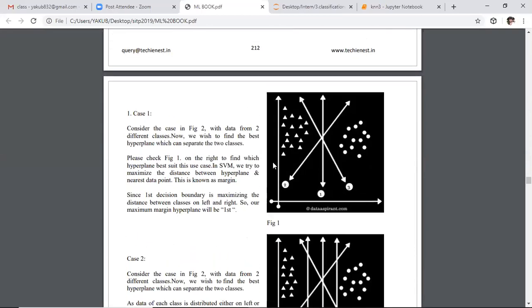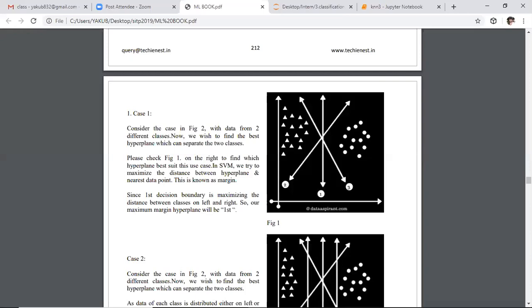Let us assume this is the problem statement. Here we have different hyperplanes: hyperplane 1, hyperplane 2 and hyperplane 3. Out of these, we need to choose which one is the optimum hyperplane. If you observe this hyperplane, it classifies both classes equally.